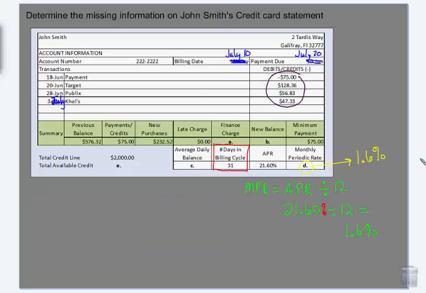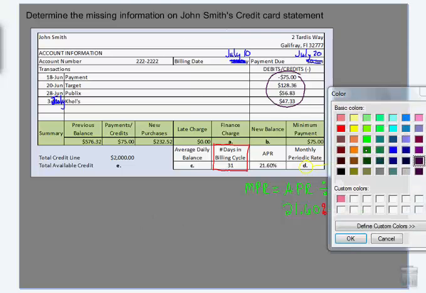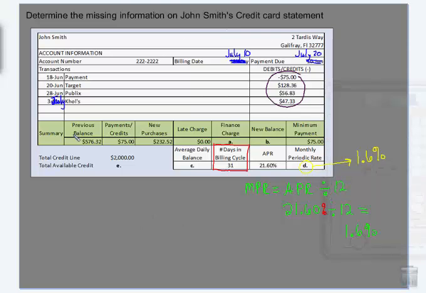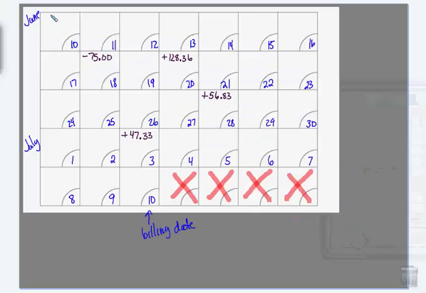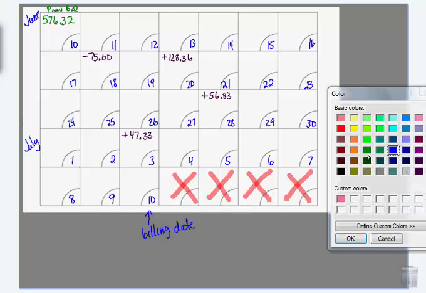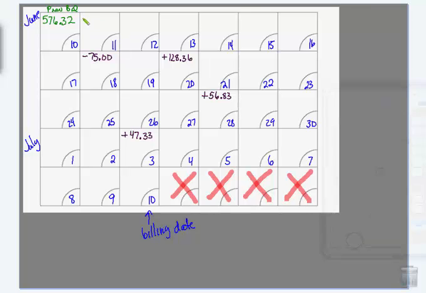Then I find my previous balance, which I'm going to do in that color. Previous balance is 576.32. So on the first day, that's what my balance was, 576.32. That's the previous balance. Okay. And then it remains 576.32 until here.